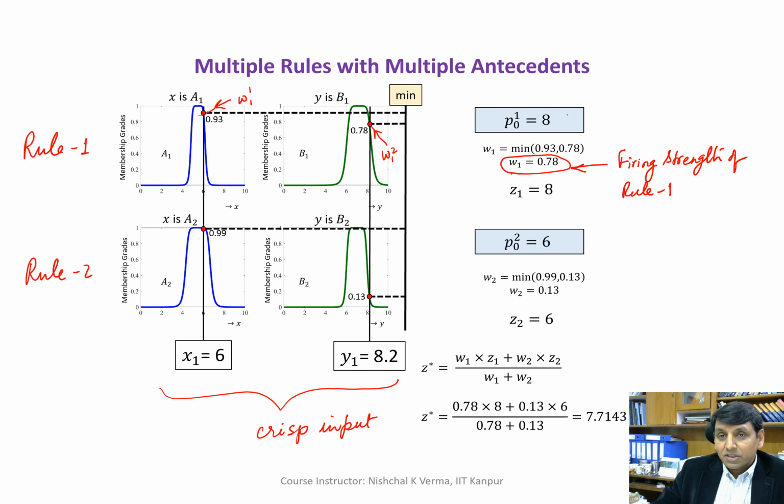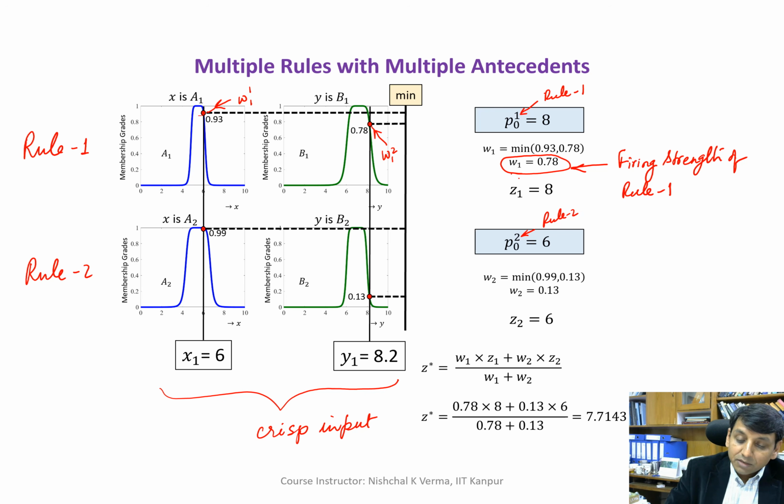Now P01 we already have as 8. This is a constant value, so we write it as P0, and 1 we are writing here for rule number 1. Similarly, here for rule number 2, P02. So now we have obtained W1 and Z1.